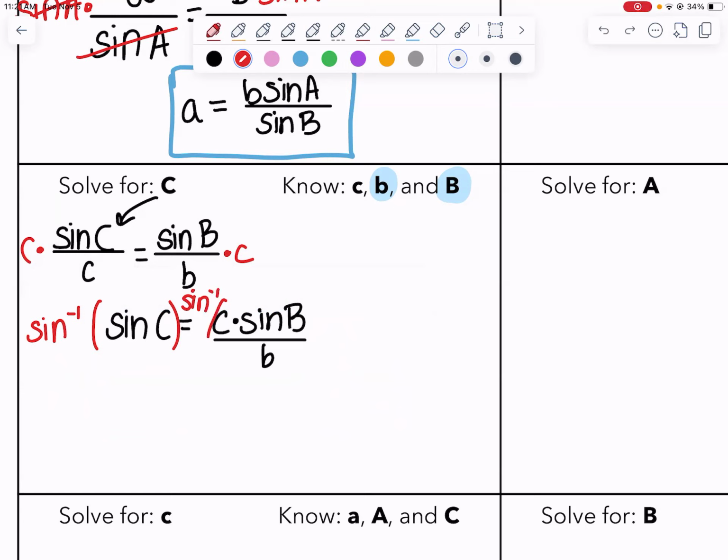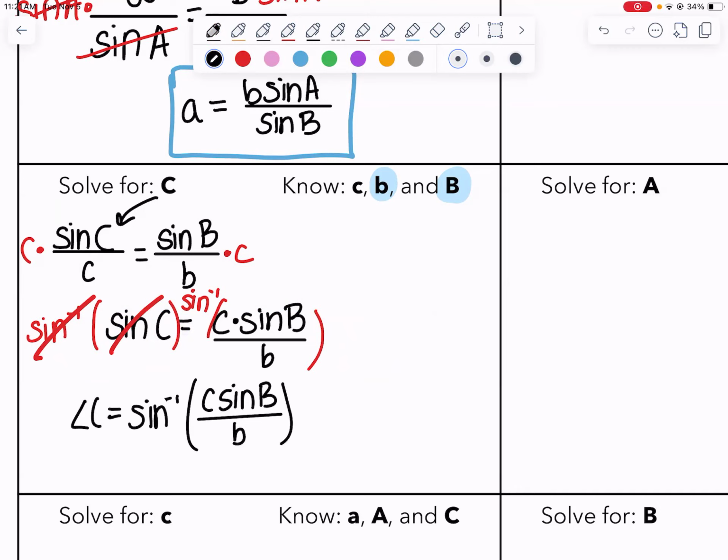The sine inverse and the sine will cancel out because we know C is acute. That's a rule we have. Those cancel. We're left with angle C is equal to sine inverse of c sine B all over baby b.